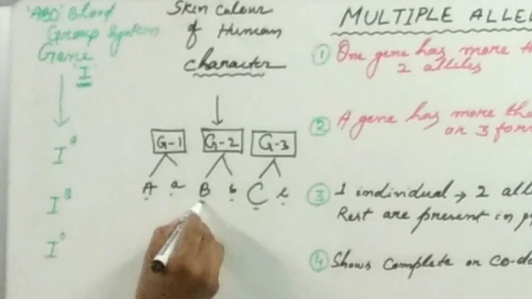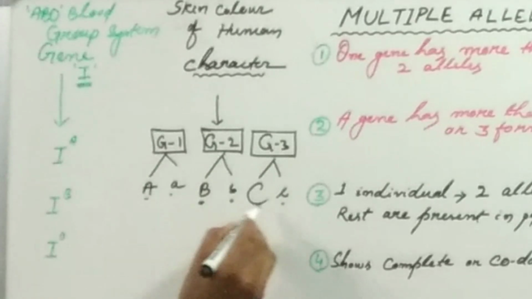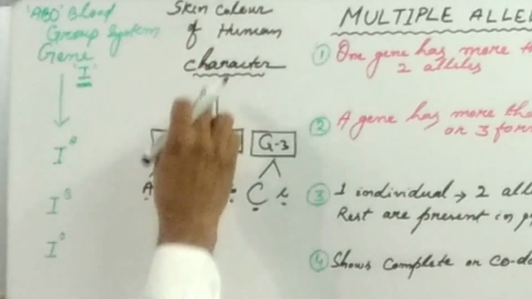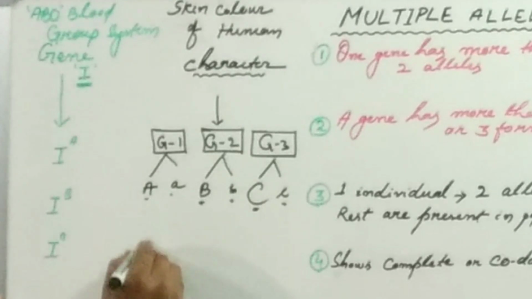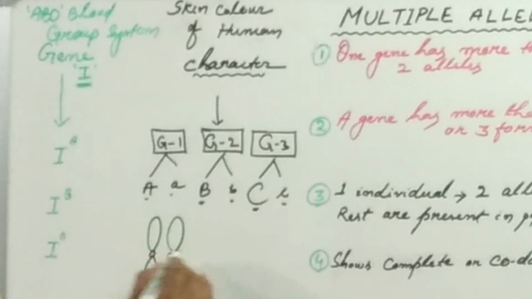The capital letter is the additive gene, and the small letter is the non-additive gene. In polygenic inheritance, these genes may be present at different loci of the same homologous chromosome pair.